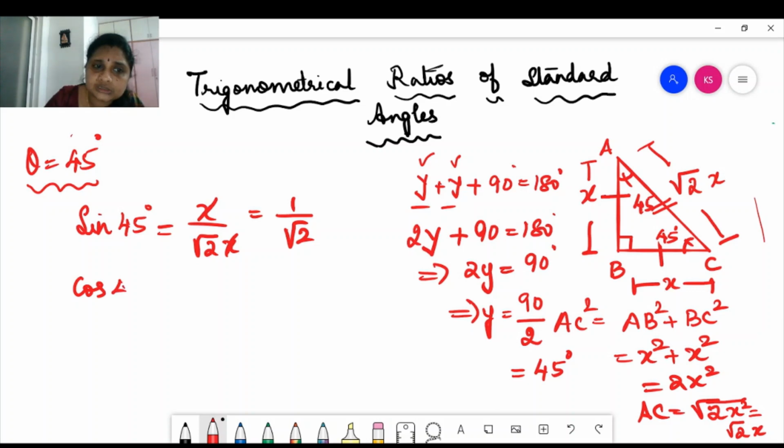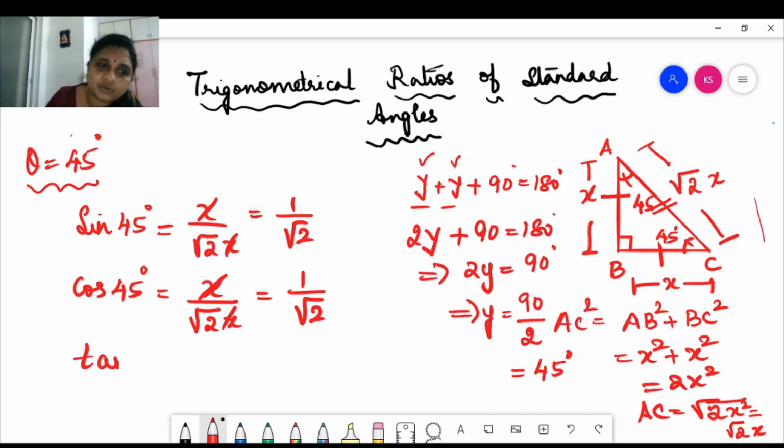Now, what is cos 45? Cos 45 is going to be the adjacent, that's the base, by the hypotenuse. The adjacent is also x because it's an isosceles right angle triangle, divided by the hypotenuse root 2 x. So x gets cancelled and again I get a value of 1 by root 2 for cos 45 also.